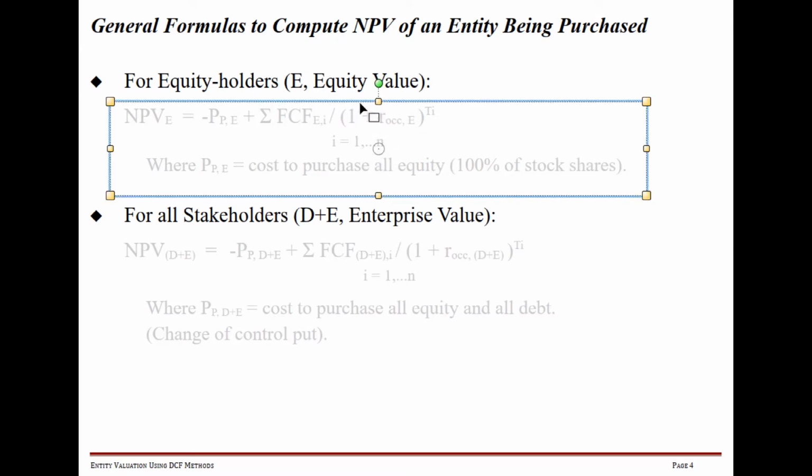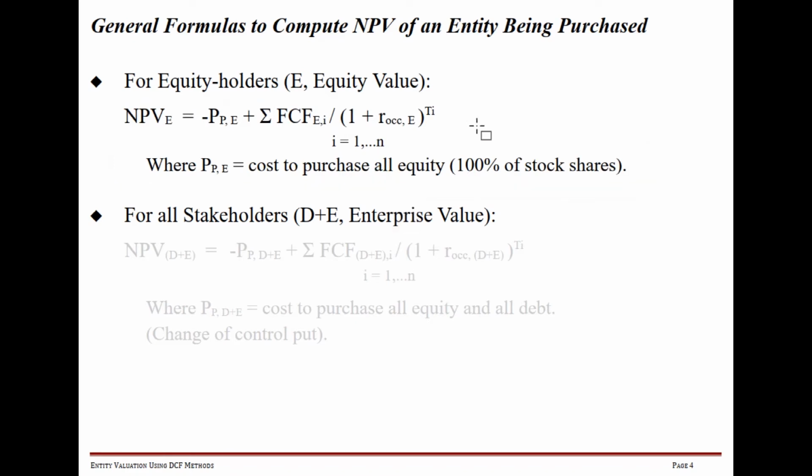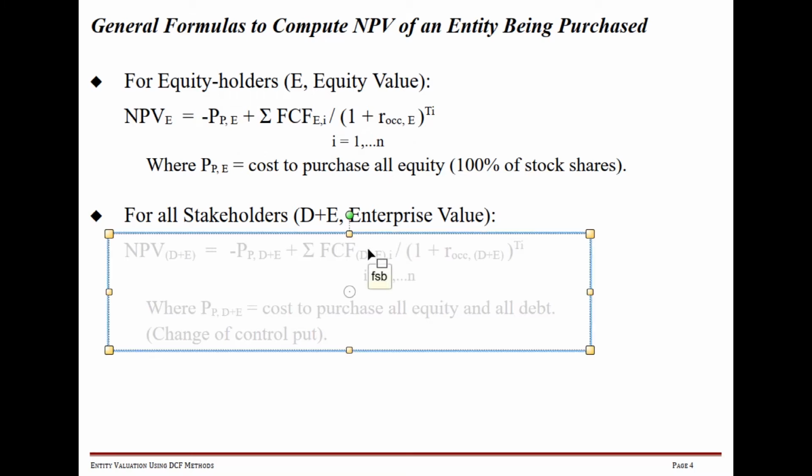So for equity holders, where we're dealing with E, the value to equity, we had a formula for NPV for this project, evaluating should we buy this project. And in this case, we'd be buying it forever. So our cash flows are what we pay for all the shares initially, and then just the present value of every cash flow we would get from the company. And this general formulation could work for a perpetuity or a buy, manage, sell.